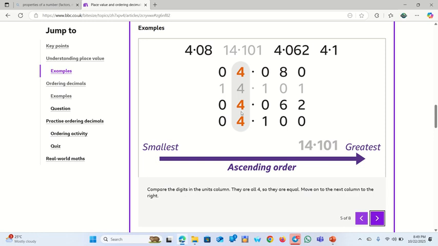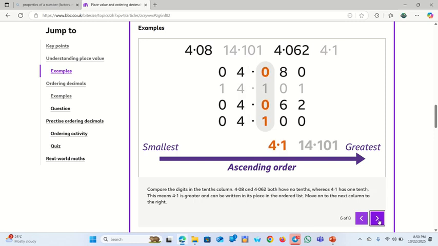All are equal at this level, so we take it from the left to the right, right? Whichever number comes first is the highest as defined. Initially it's only 14.101 that qualifies to be the highest. Now all of them are 4. Let's move to the right again. We have 1 and 1, and 14 is already gone. So the next is 4.1, right?